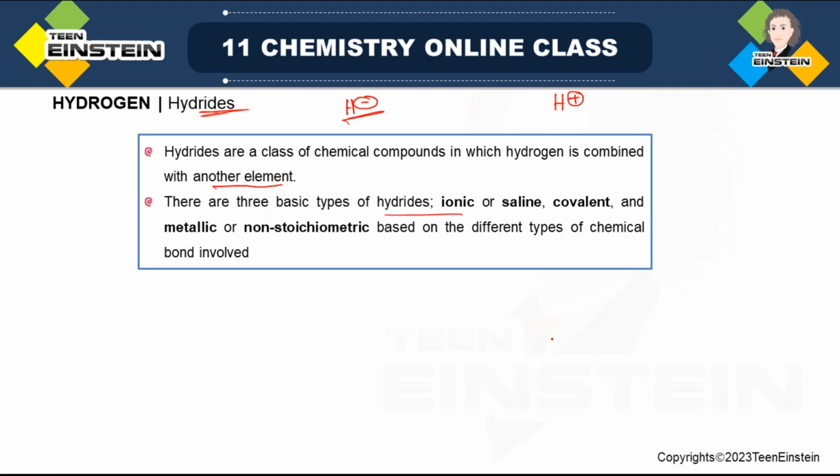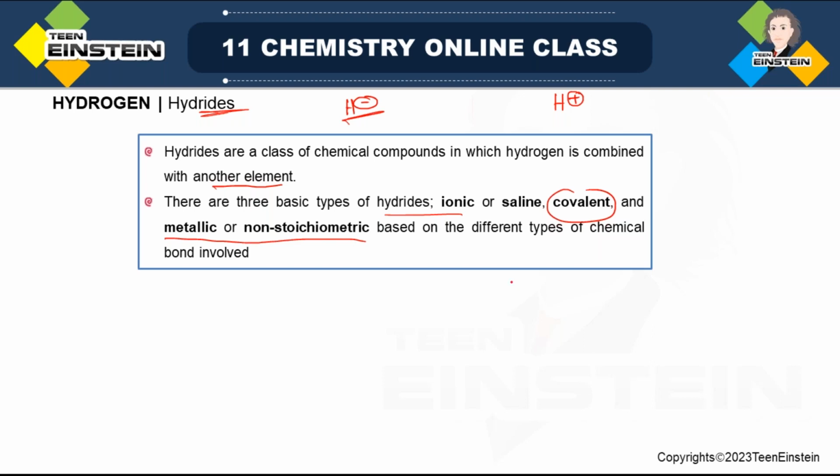There are three basic types of hydrides. The first category is ionic hydride or saline hydride. The second category is covalent hydride. And the third category is metallic hydride or non-stoichiometric hydride. Now, how are we getting this classification?